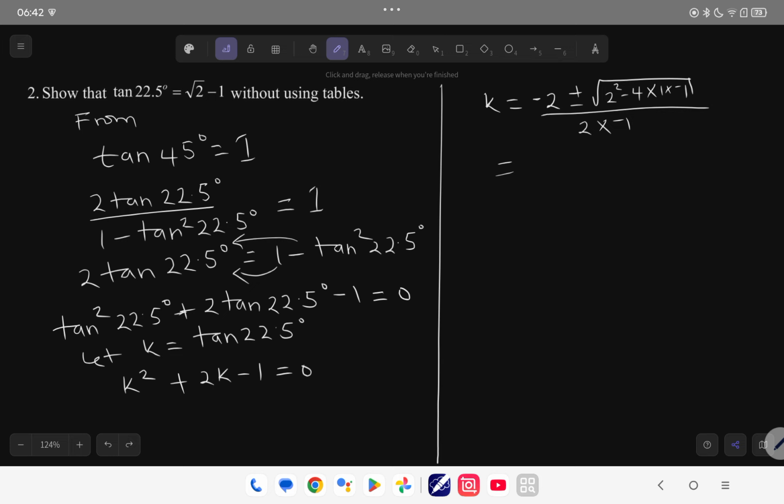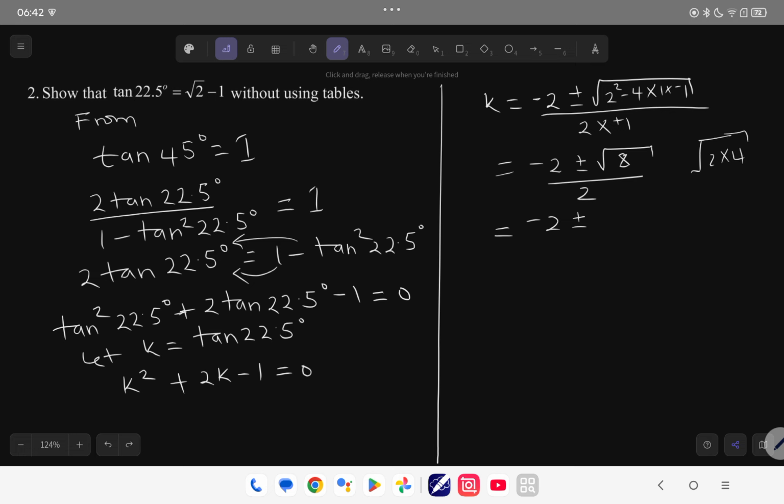So this is a positive 1 value of a. So I have negative 2 plus or minus square root of 8, this is 4 plus 4, 8, out of 2. Now 8 is 2 times 4.